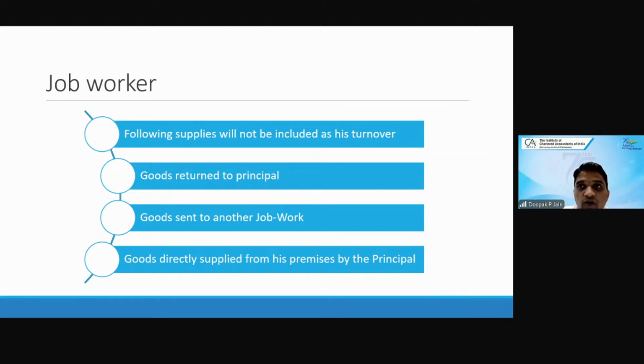He is only doing the job work charges. Whatever is his job work charges, only that has to be included. Clear? Yes, providing loans and deposits is an exempt supply of service.